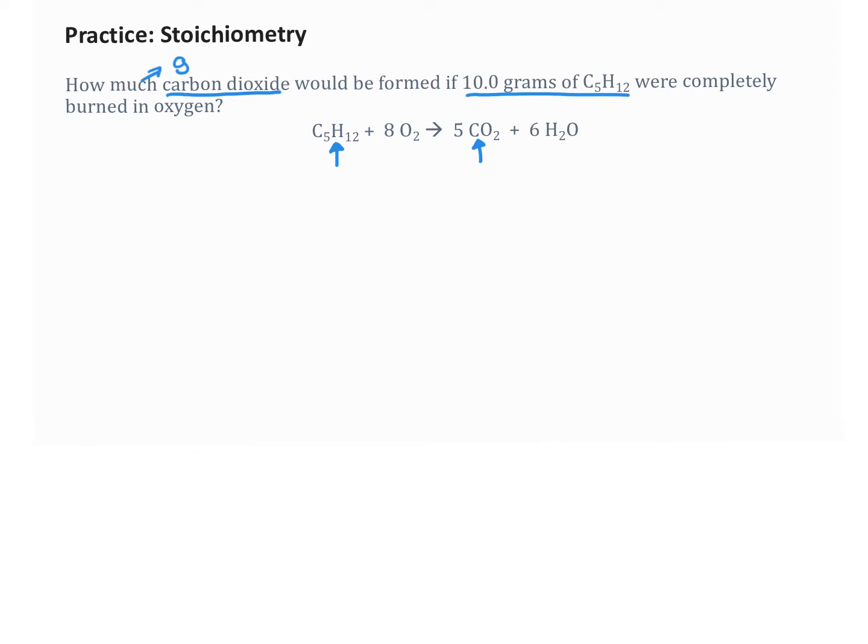So I always like to think of this, particularly when I started, by making a map to figure out how I go from grams of C5H12 to grams of carbon dioxide. So I'm going to make a map just like what we saw on the previous page: grams of C5H12, and I need to go to moles of C5H12.